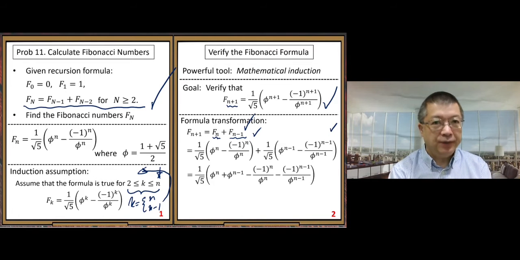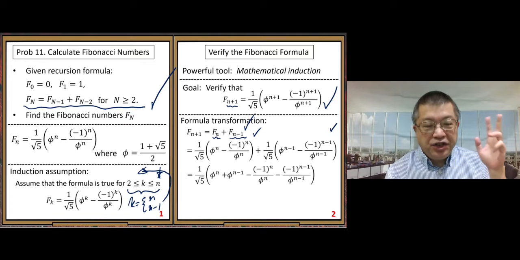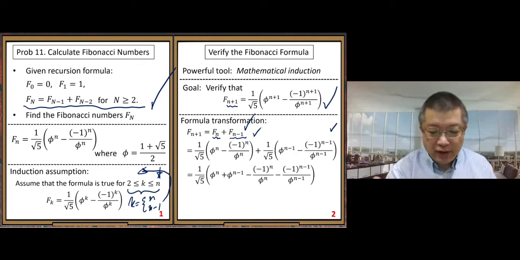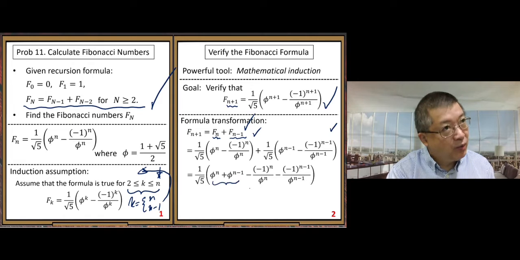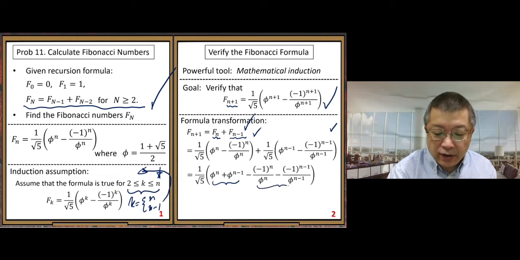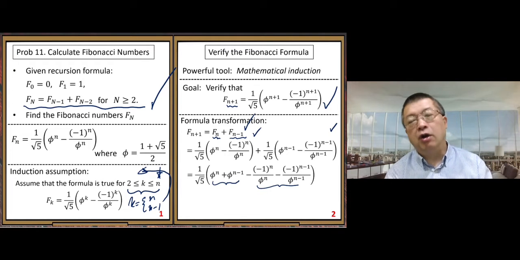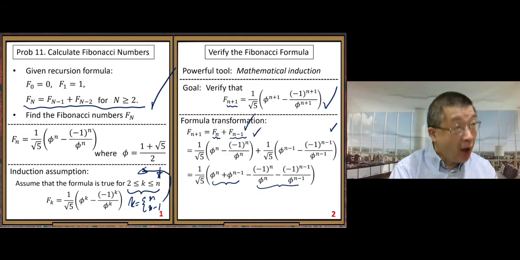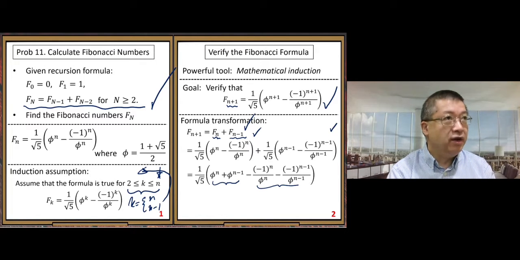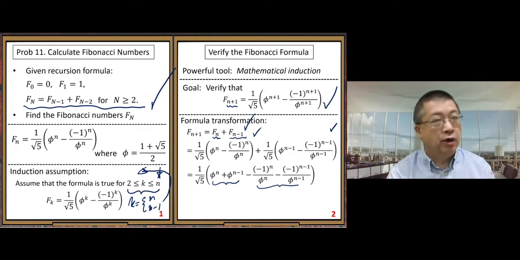After that, you can see I rearrange: I put phi to the n and phi to the n minus 1, those two monomial terms, together, and the two fractional terms together.